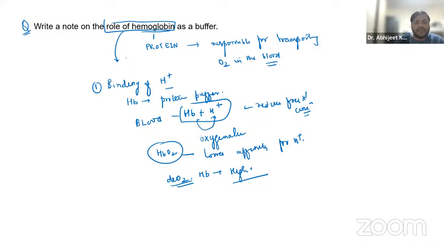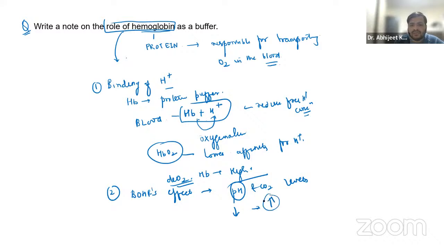Secondly, remember the Bohr effect. It describes how the hemoglobin oxygen binding affinity is influenced by pH and CO2 levels. When the pH decreases, it becomes more acidic, or CO2 level increases in tissues, hemoglobin affinity for oxygen decreases.